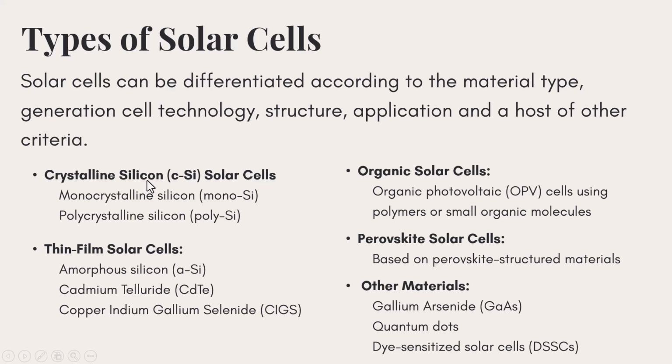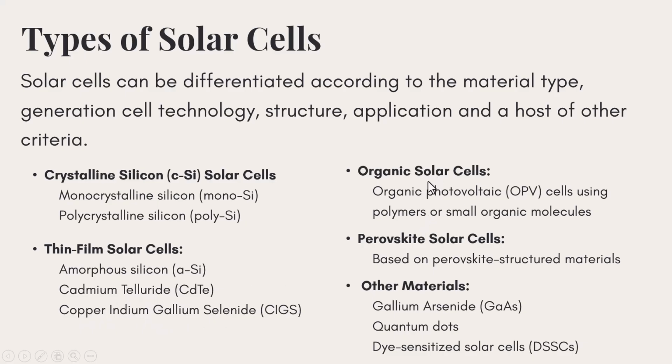The crystalline solar cell comprises the monocrystalline silicon solar cell and the polycrystalline silicon solar cell. We have also the thin film solar cells. In this category, you will find the amorphous silicon, the cadmium telluride, and the copper indium gallium selenide.